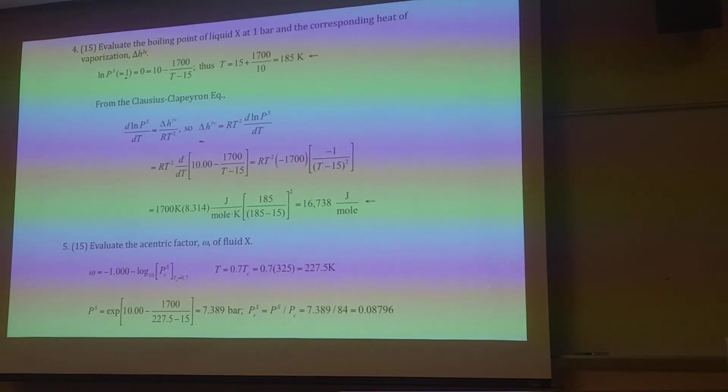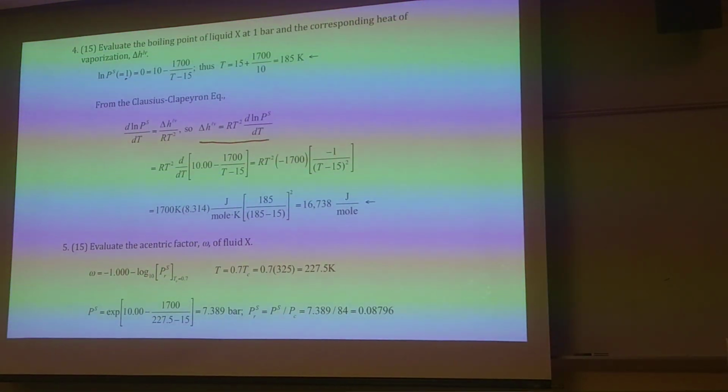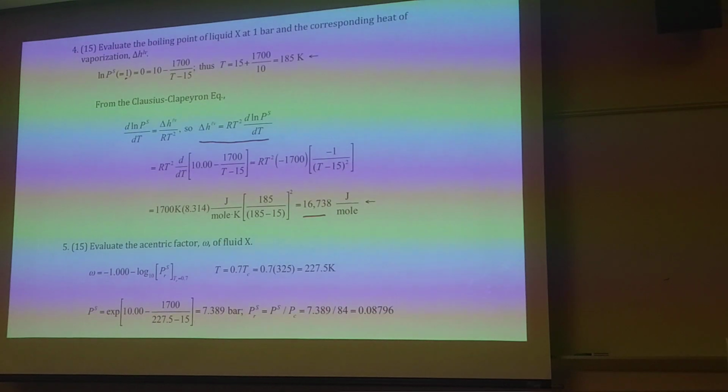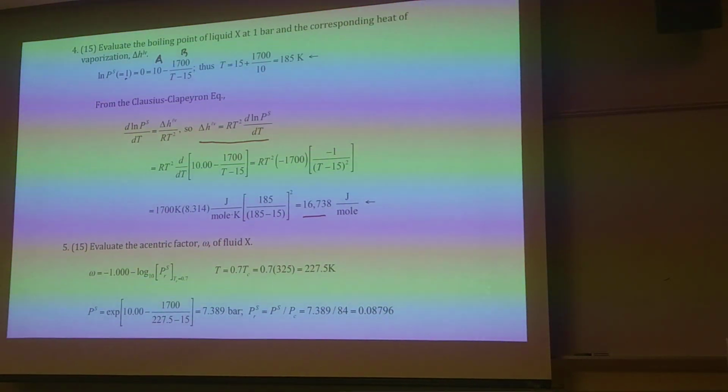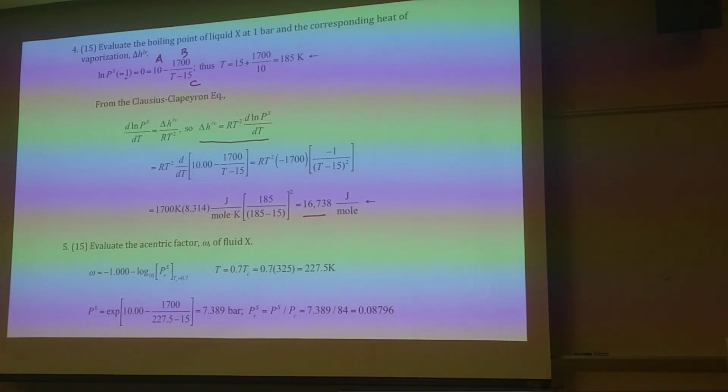And I can write it as explicit here for the heat of vaporization as RT squared times the temperature derivative of the log of the vapor pressure. And when I plug in the numbers for that from the Antoine equation, I end up with 16,738 joules per mole. I also gave you a formula for that in terms of the constants here, A, B, and C. And you could have just plugged that right in, looking at that format, and of course got the same result.